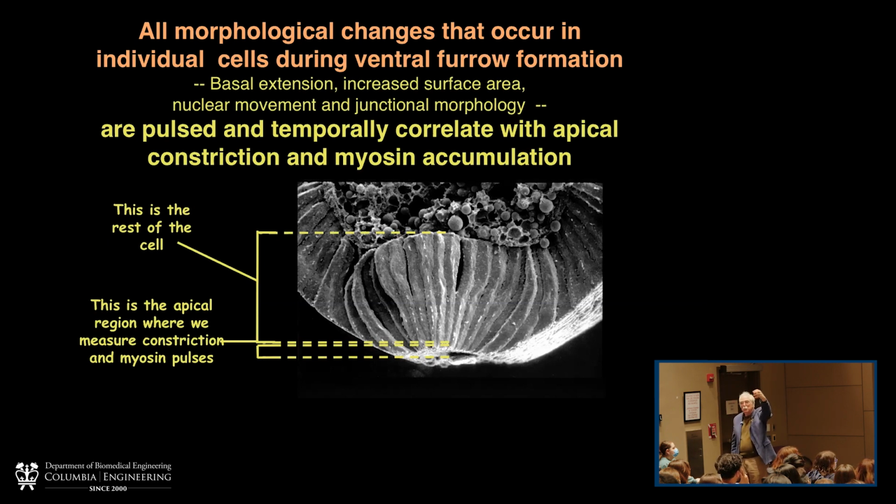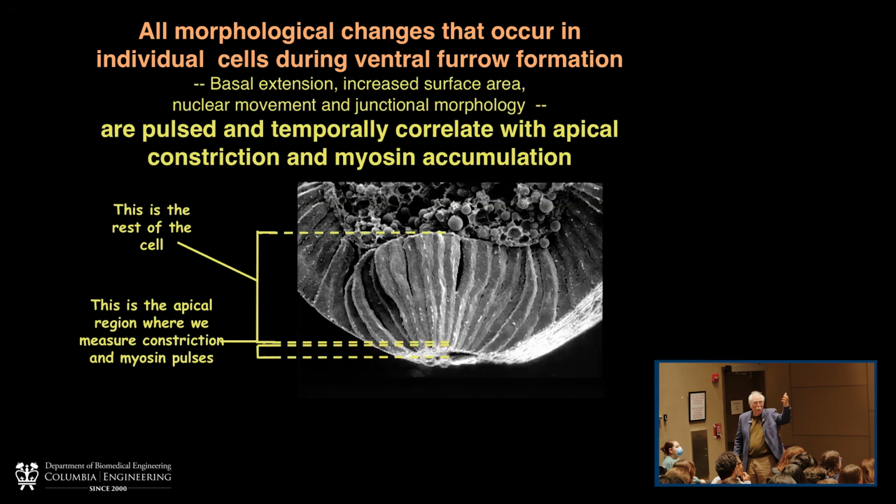The fact that myosin pulses gave us a handle for viewing the process differently, and also an argument that all we need to do is to understand myosin and its accumulation, and then relate all the other morphology to mechanical changes in the surface of the cells.